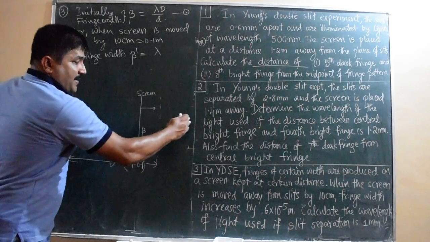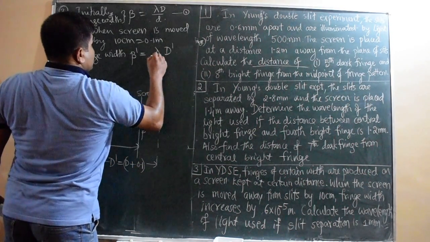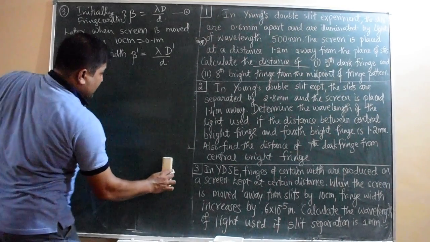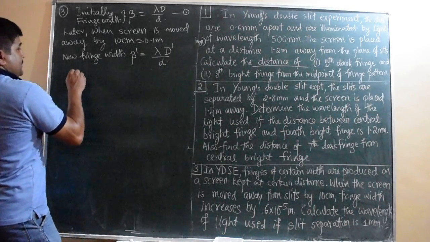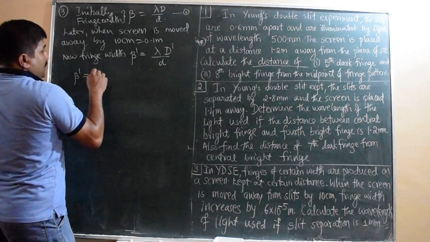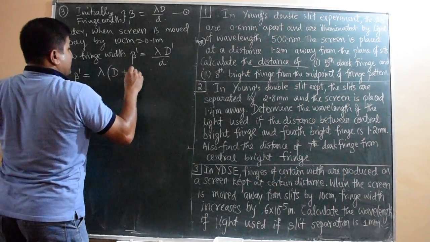Screen is moved away means capital D changes into D dash, divided by small d. So you have to substitute D dash. That is beta dash equal to lambda into, capital D is D plus 0.1.